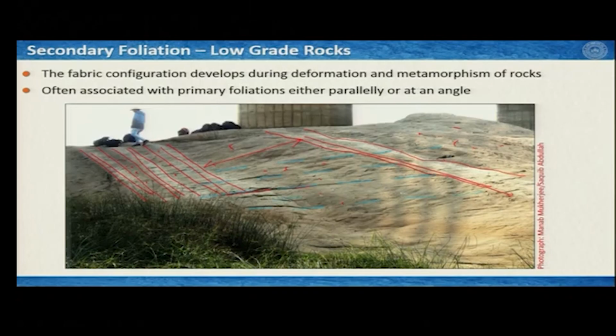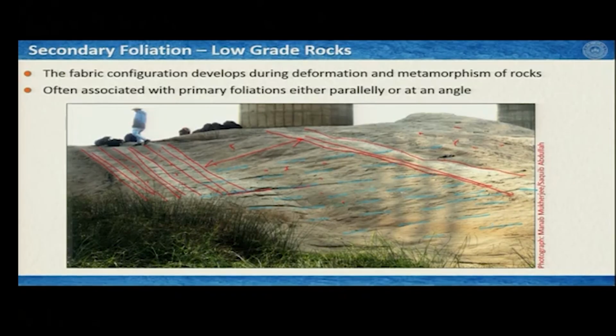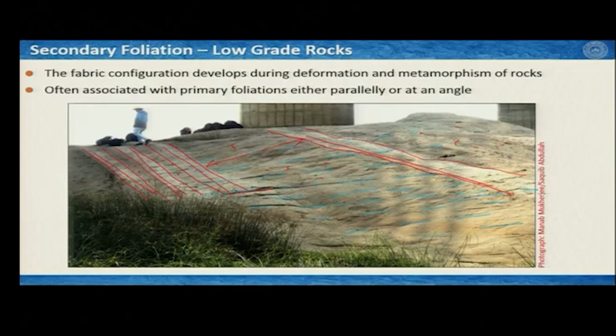As you can see that these planes are appearing like some sort of fractures or so on the surface, but they are very much aligned, and I tell you these are very much penetrative, or in a way they are appearing like some sort of mechanical damage in the rock, and these are your secondary foliations. So, you have primary foliations, the red ones, and the blue ones are your secondary foliations.